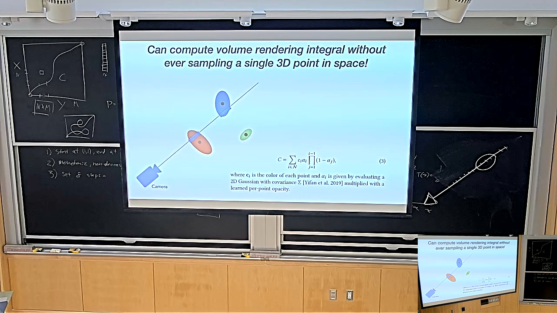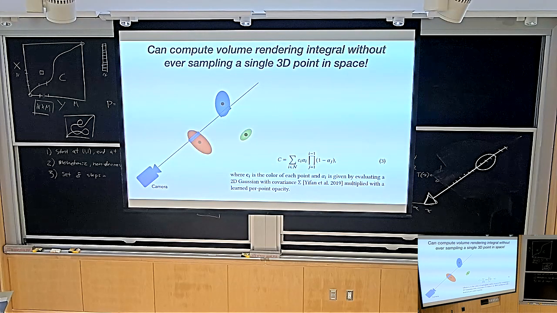So now you have an expression for all of the Gaussians along the ray that have something to do with this ray. All you have to do is make a list of all of the Gaussians along the ray. Now you order that list by depth, which is all easy, right? This is all matrix vector products. You order it according to the depth of each Gaussian, with the closest Gaussian first and the final Gaussian last.